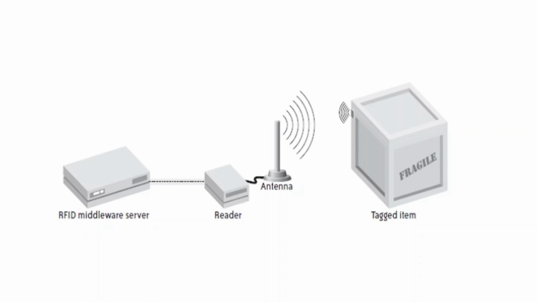The reader receives the signal from the tag through the antenna and converts it into digital data. This data is then sent to the RFID middleware server, which processes, filters, and integrates the information with databases or business applications for tracking and management.